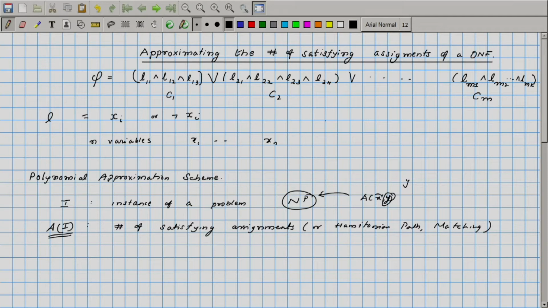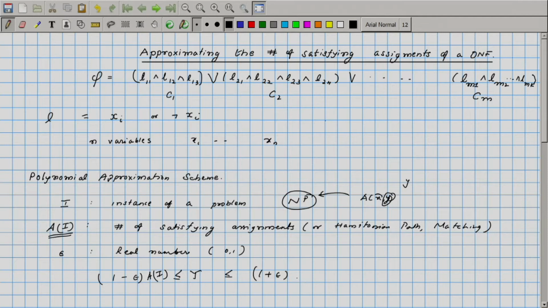And when we say that we have a polynomial approximation scheme, that means for any instance of the problem and for a given number epsilon, which we can think of as a real number, let us say between 0 and 1, we can output something, let us call it y.